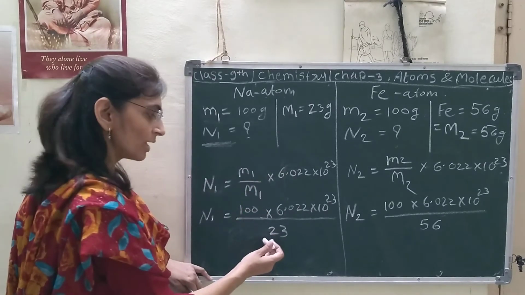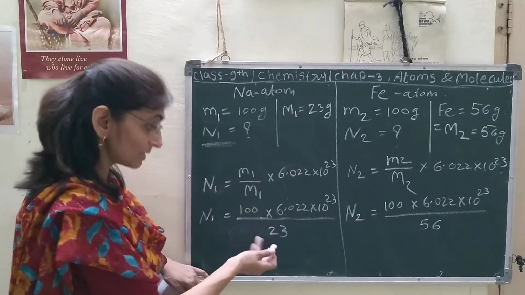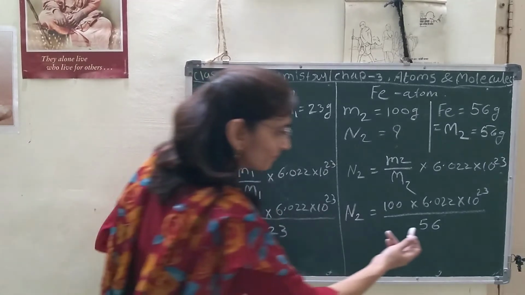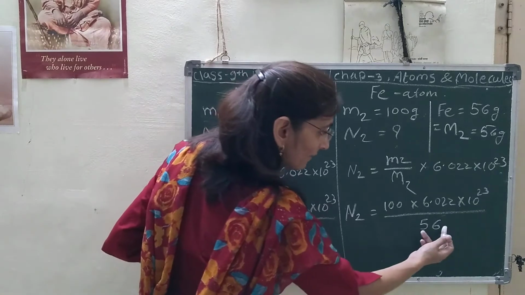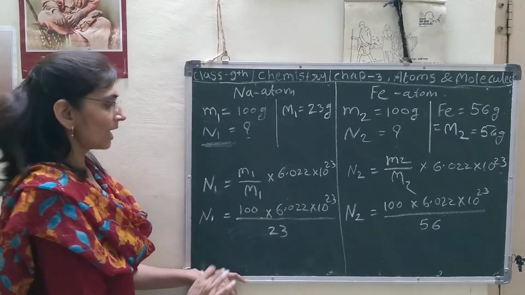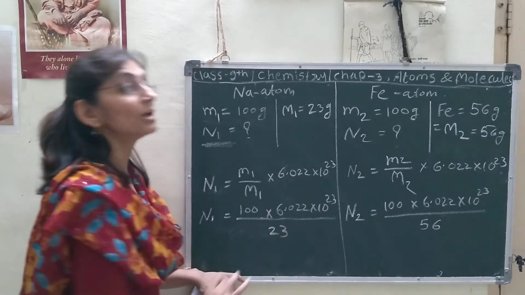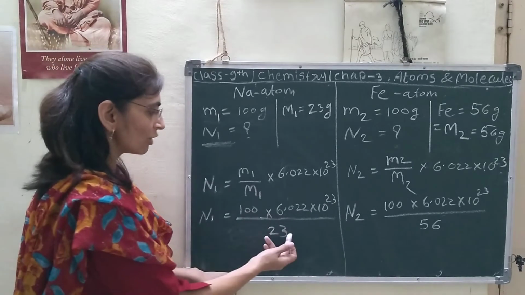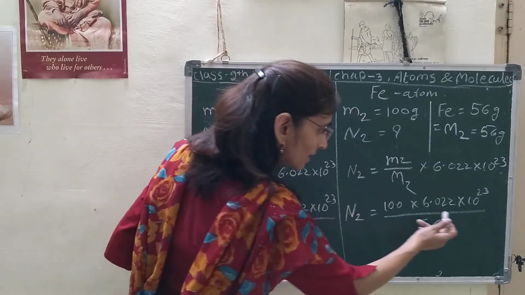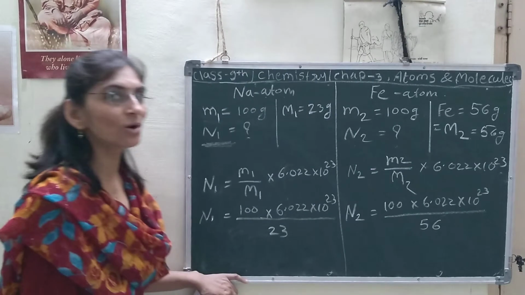So sodium is having atomic mass 23 and iron is having 56. So when the numerators are same, we have to compare denominators. Where the denominator is less, it is more quantity. Where the denominator is more, it is less quantity.